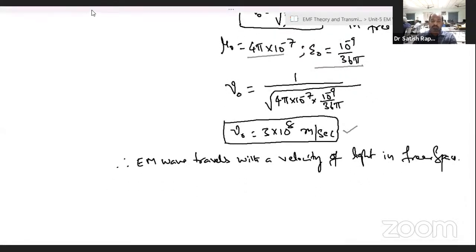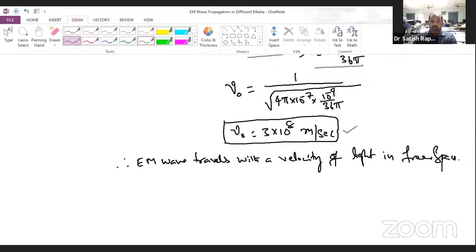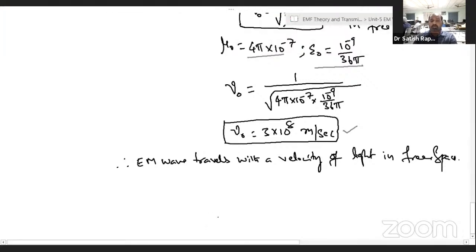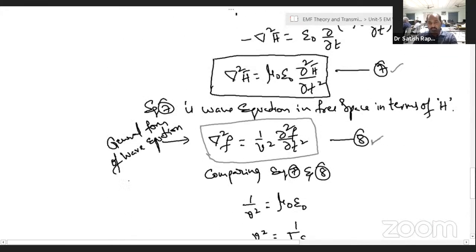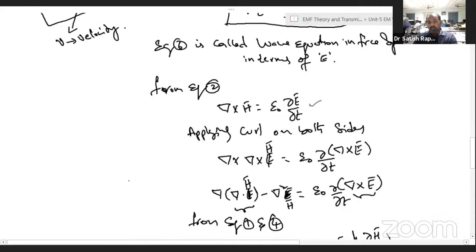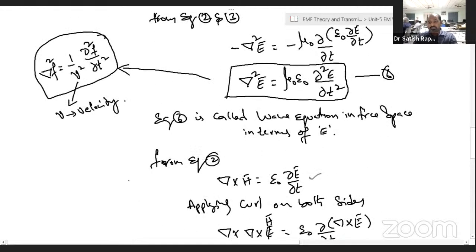Up to here we have discussed in our last class. Let us say equation 6, the wave equation in terms of electric field.